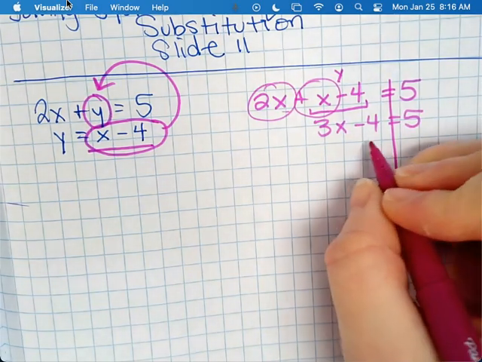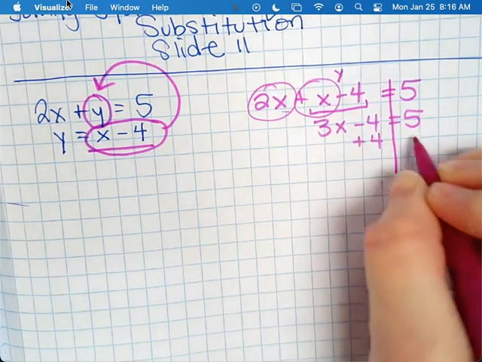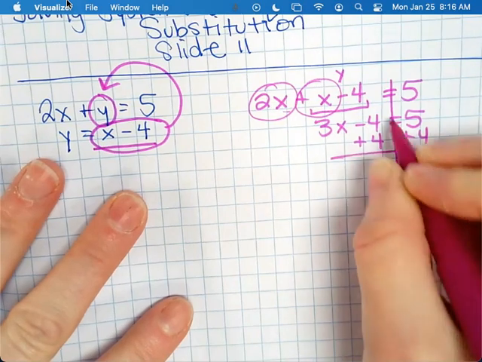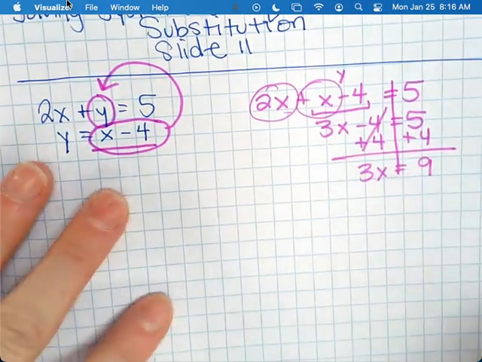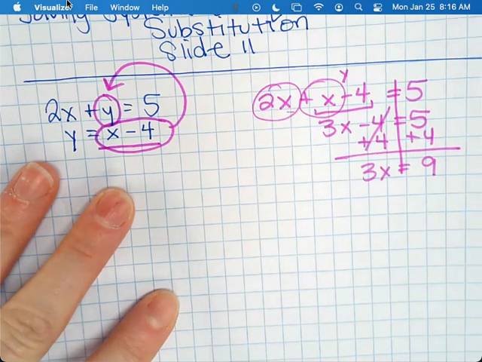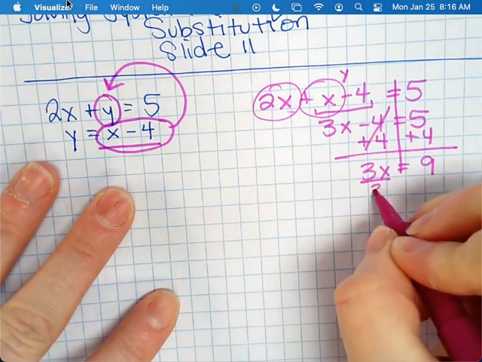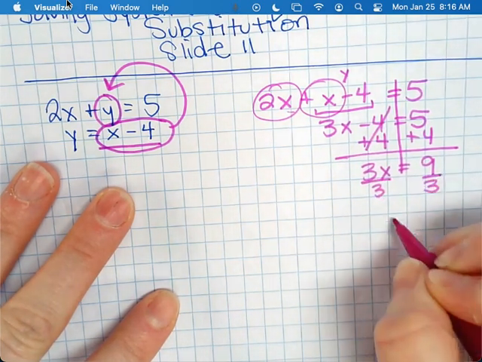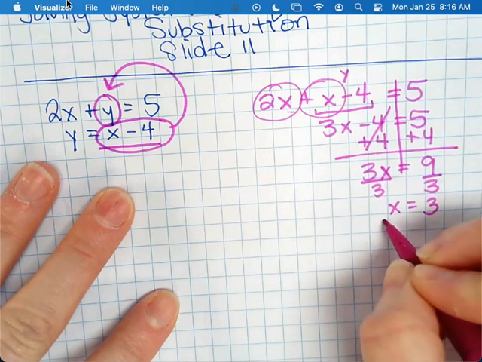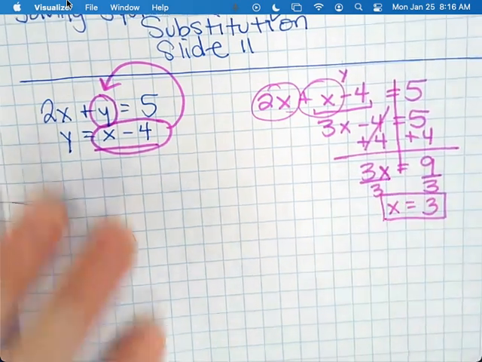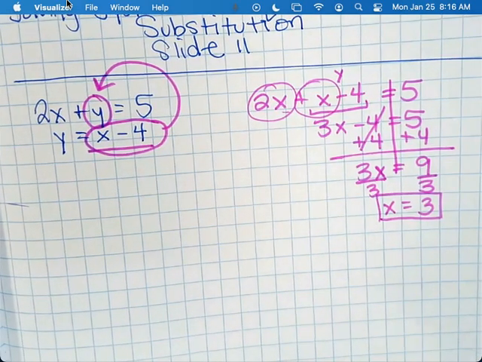And then plus 4. I get 3x equals 9. And I divide by 3. And I get x equals 3, sorry. So that is part of our solution.